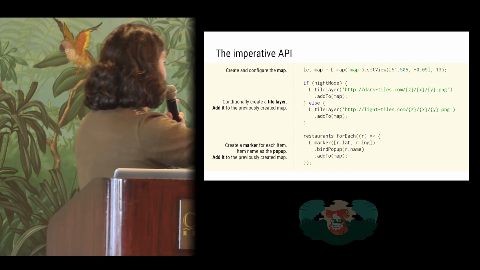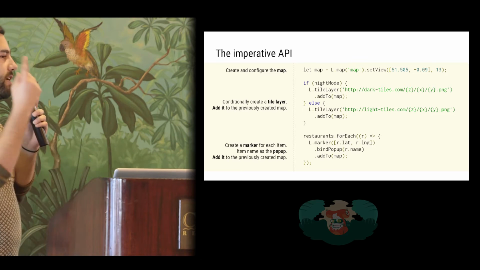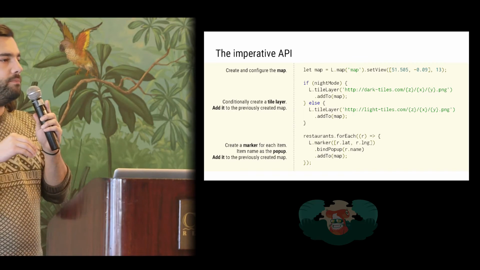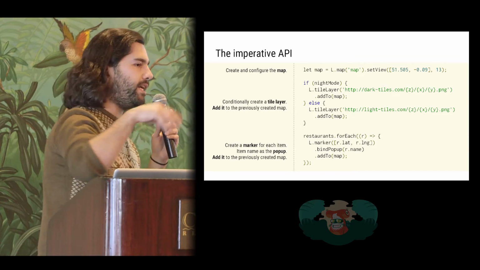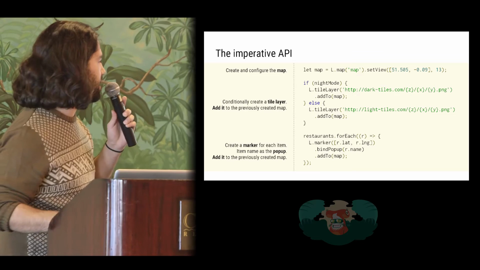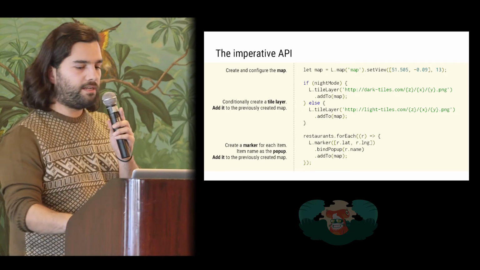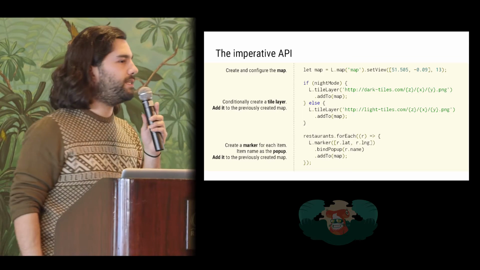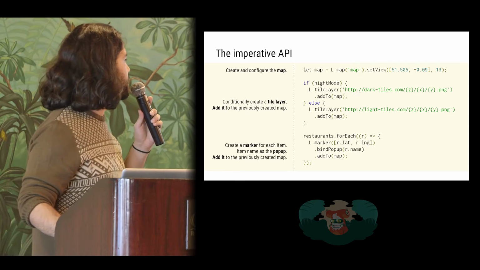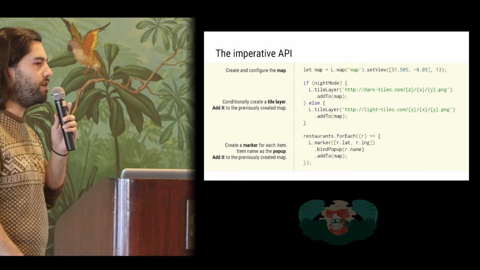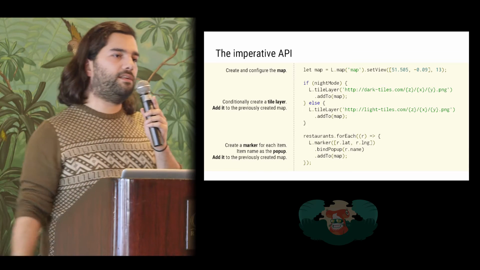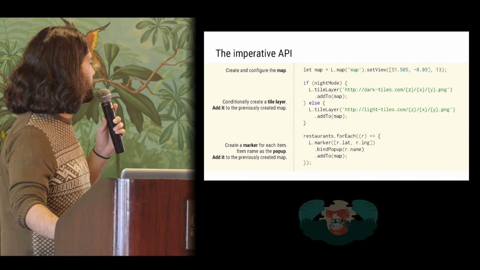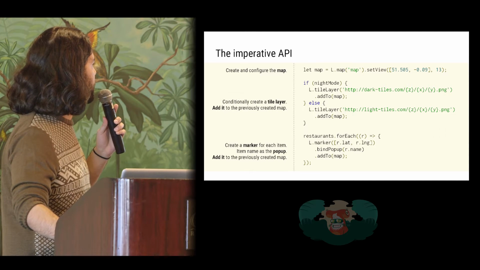Here we're iterating the array, and for each item, we're creating a marker layer at the specific point of the restaurant, binding a pop-up with the name of the restaurant, and then adding it again to the map. This is a pretty basic API for doing pretty simple stuff. Leaflet allows you to do a lot more, like creating polygons, lines, whatever. But this will do for today.